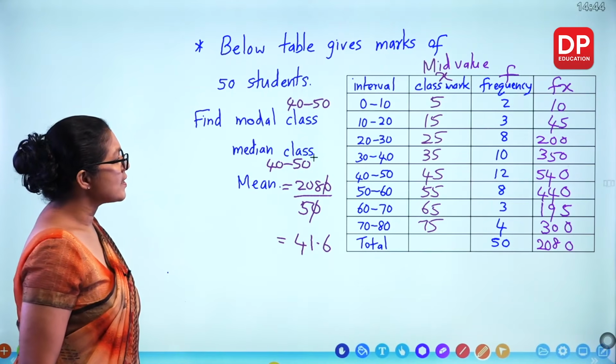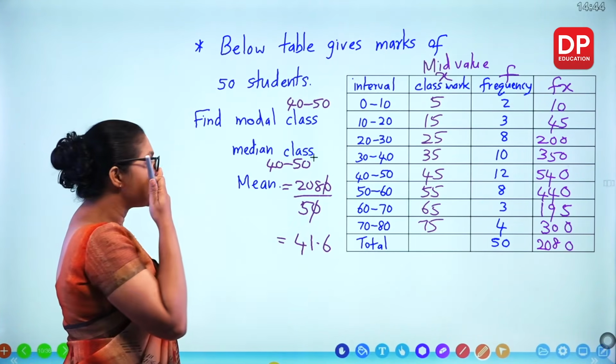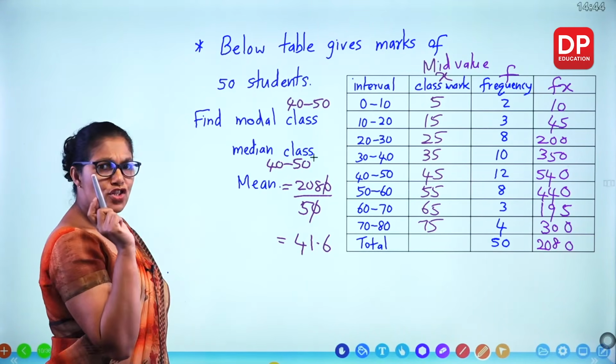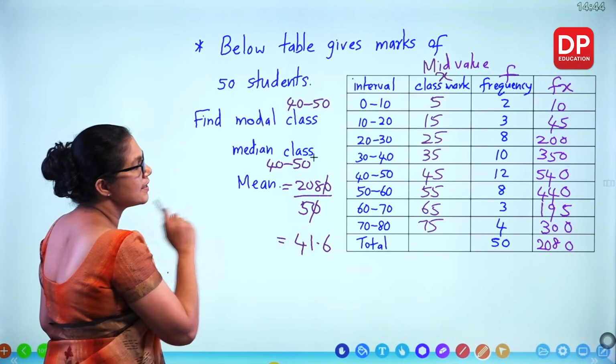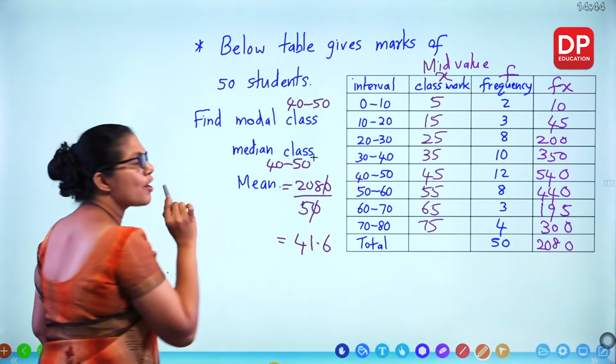If I ask what's the interval that belongs to the mean, now the mean is 41.6. Which class interval does 41.6 belong to? This one. So that value is in between 40 to 50.